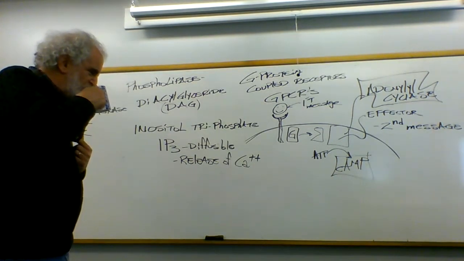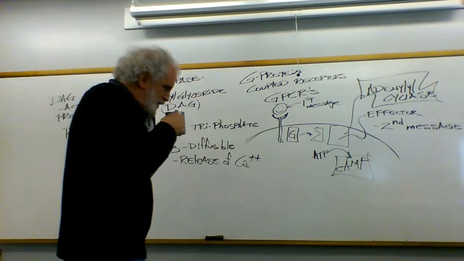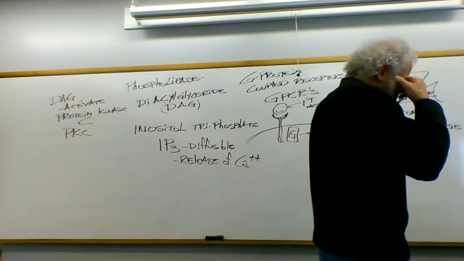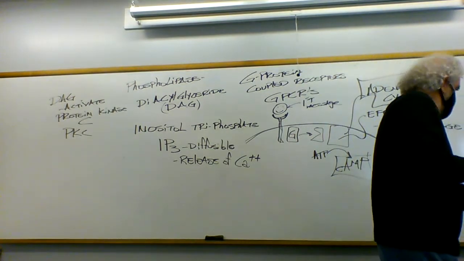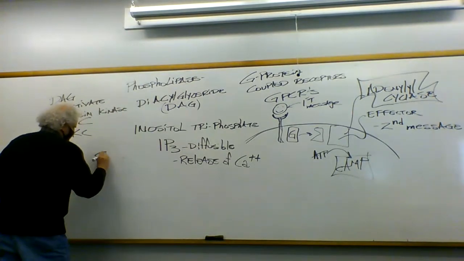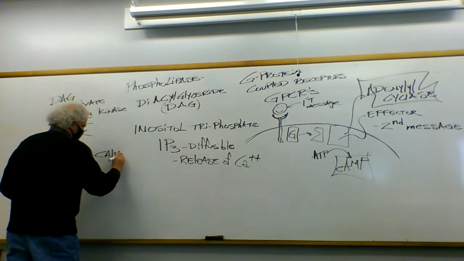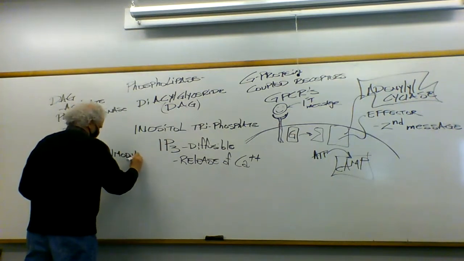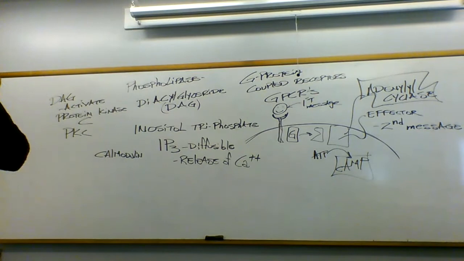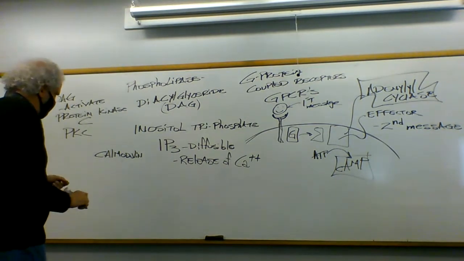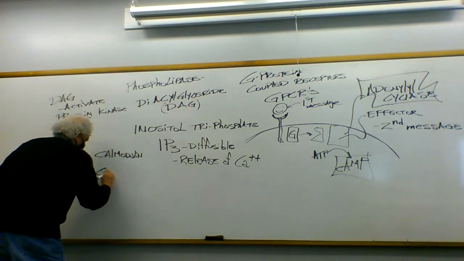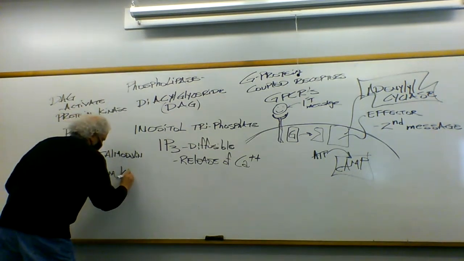Specifically, one of the generic systems that calcium activates is a protein known as calmodulin. Calmodulin is a calcium-binding protein, and it in turn activates the calmodulin kinase, known as the CAM kinase.